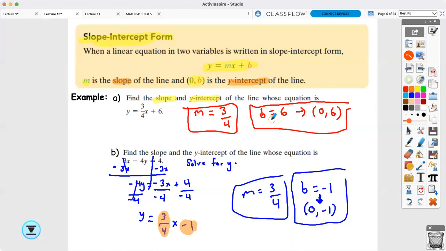So the objective is, if you know this formula and you know that m is the slope and b is the y-intercept, then if a question asks you what's the slope and what's the intercept from the equation, you use the formula y equals mx plus b to say that m is 3/4 next to x and b is 6, which is 0, 6 as an ordered pair.